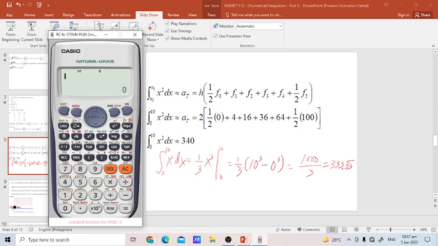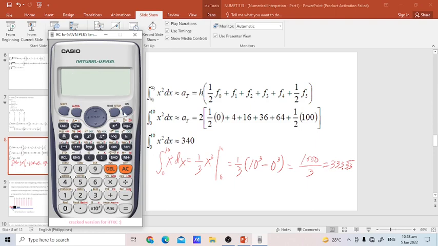So this is the approximated value now, and this is the exact value, 333.33.